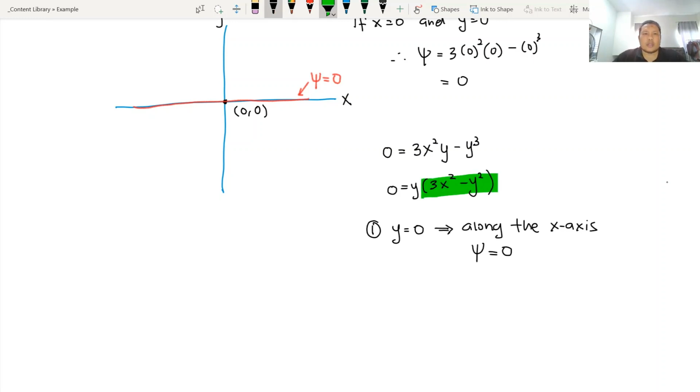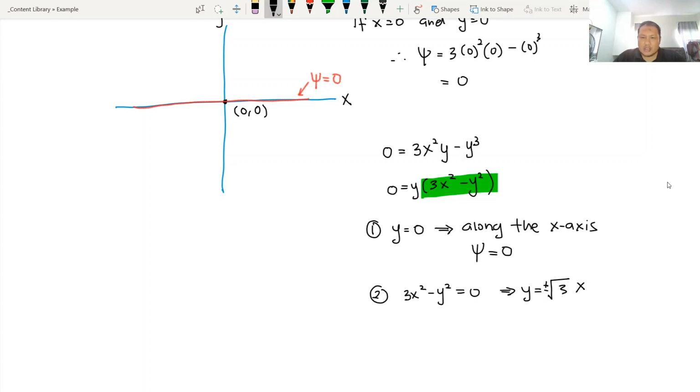For the second one, we have 3x squared minus y squared equal to 0. If we simplify, we have y equal to plus or minus square root of 3 times x. Why do we have two functions based on this equation?